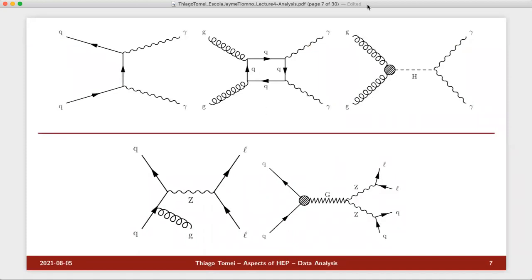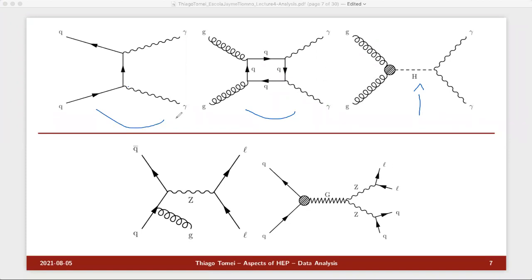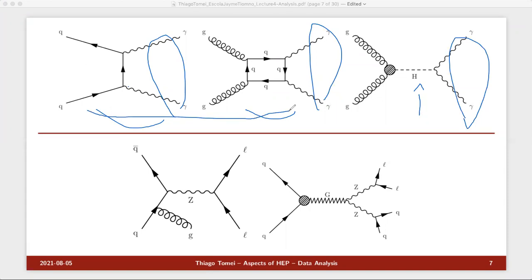So these are the diagrams that explain in pictures what I meant. I'm interested in Higgs production going to gamma gamma, but these other processes also exist. And you just see the two photons in the end. You cannot really know what happened in the middle. So you have to model these two very well to consider them as a background to this.